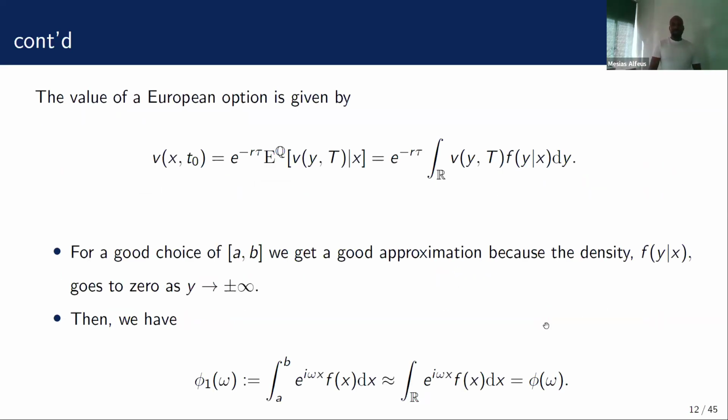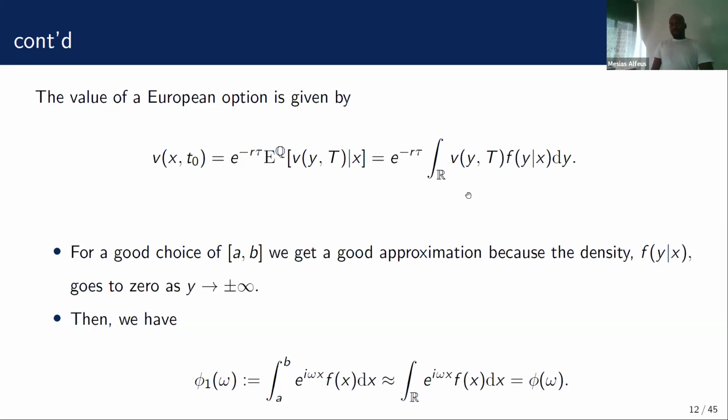So this is our function again, and that integral, the last part of the equation, is what we are going to approximate. We'll make it [a, b]. We also know that the function f, which is the density function for our process, decays to 0 quite fast.